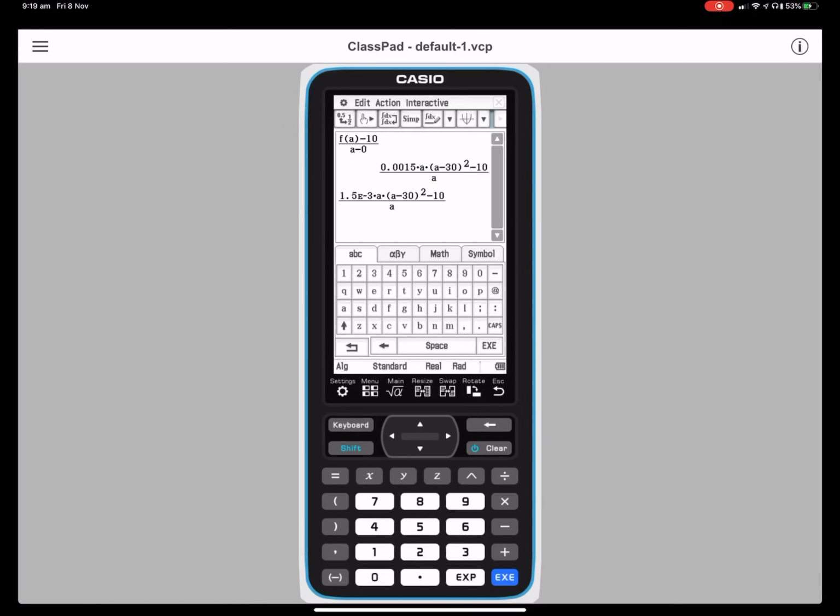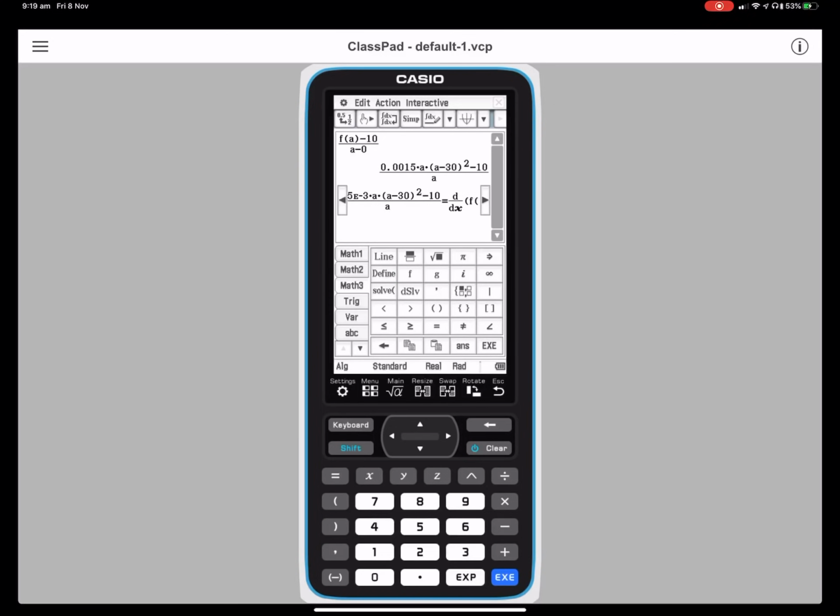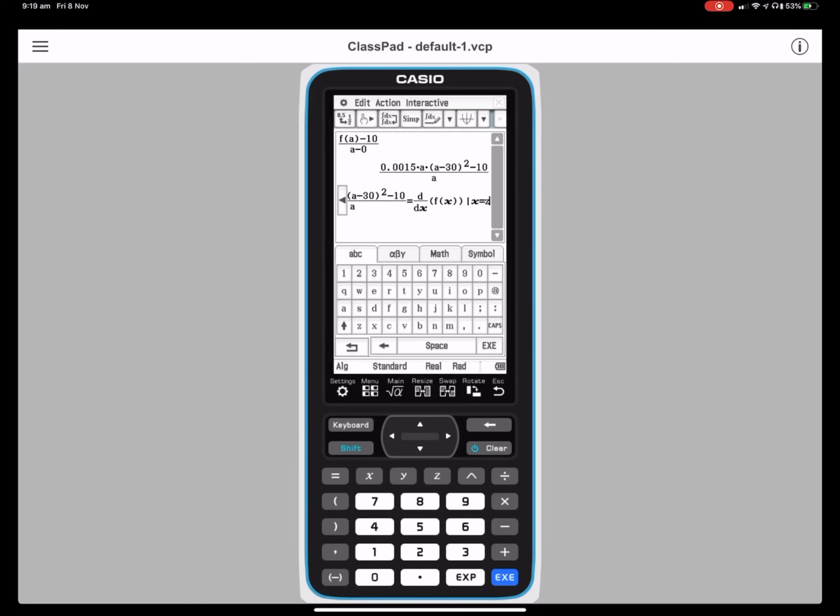So that's my gradient, and that equals d dx of f of x given x equals A.